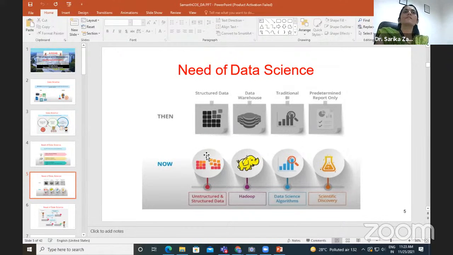But the way of getting that information is through the internet. As the internet is involved, the data is not structured at all. It is unstructured: my text somewhere, my photograph somewhere, my audio somewhere.